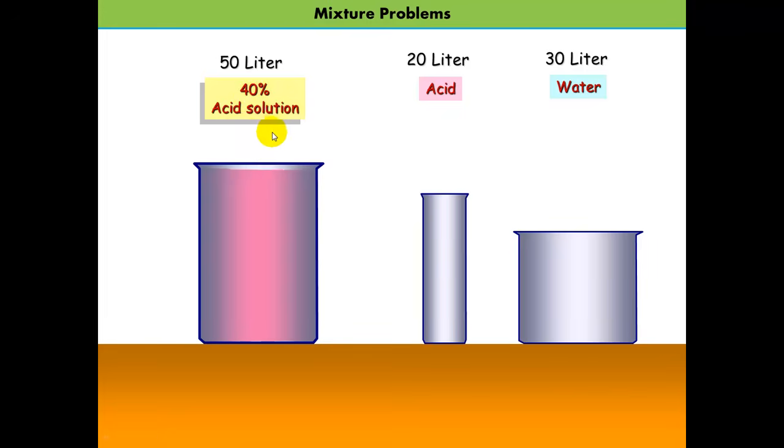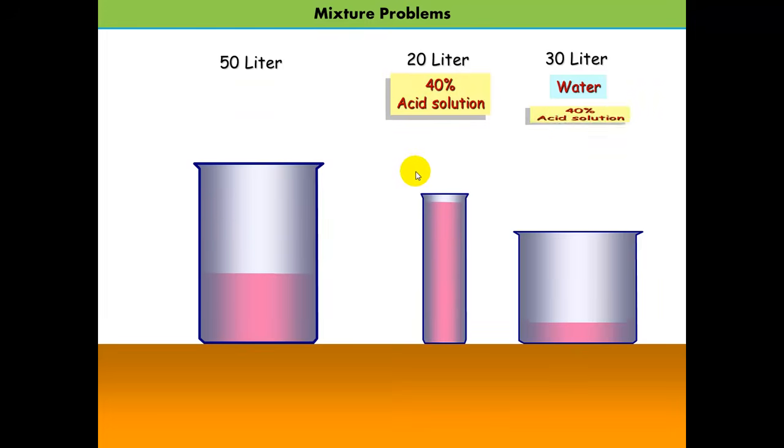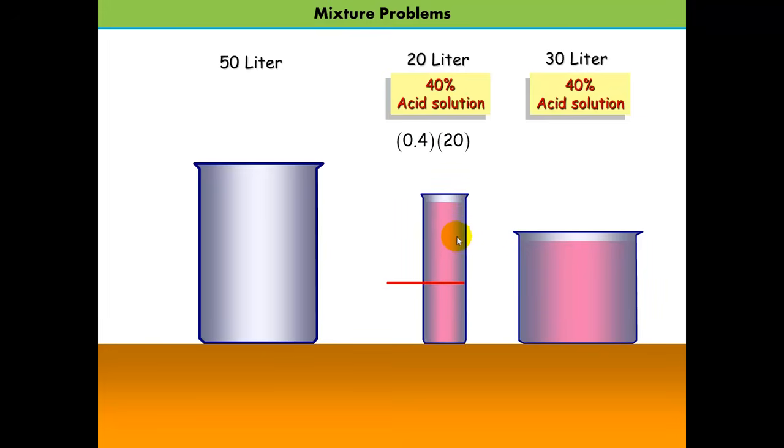Now I'm going to take this and pour it back into my other two containers, understanding that this is now 20 liters of a 40% acid solution. That means if I could somehow break this down and see what it's made out of, it's 8 liters of acid and 12 liters of water.